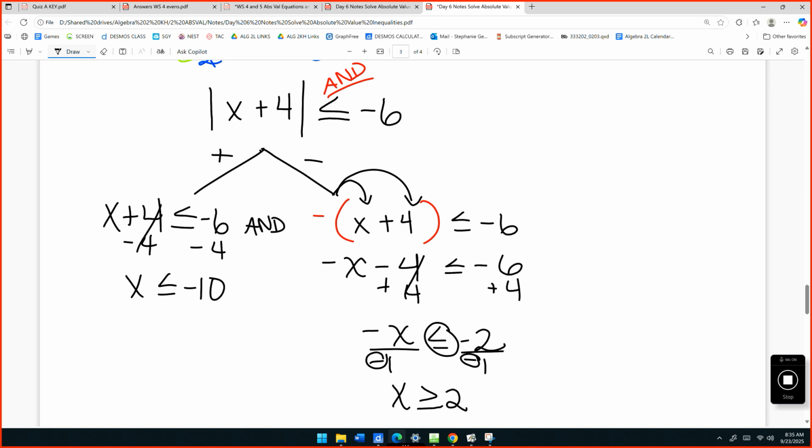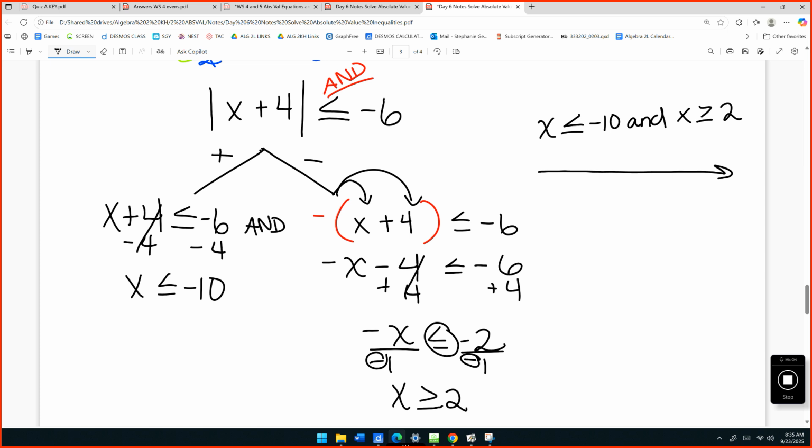Okay, so that's the work. Then I would state my compound inequality. My compound inequality is x is less than or equal to -10, and x is greater than or equal to 2. That's the compound inequality.